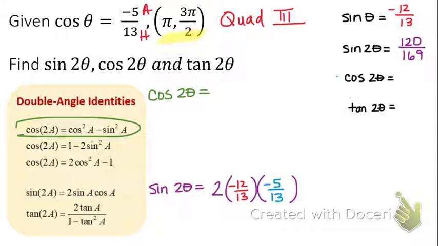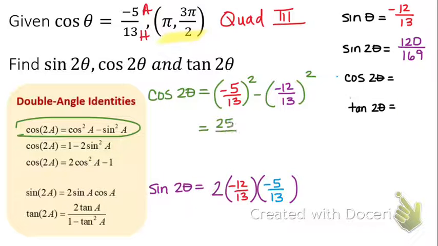That first one says cosine squared minus sine squared. So cosine is negative 5 over 13, and sine is negative 12 over 13. When I square this fraction, top and bottom, I get 25 over 169 minus 144 over 169.